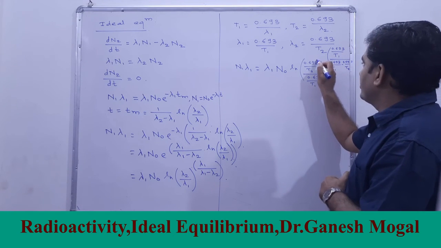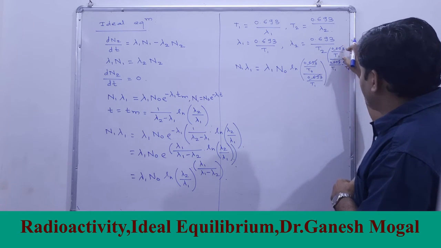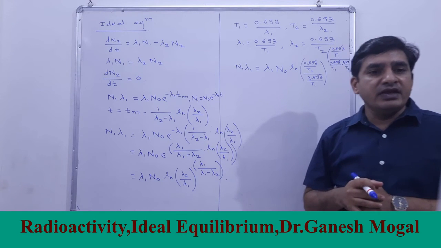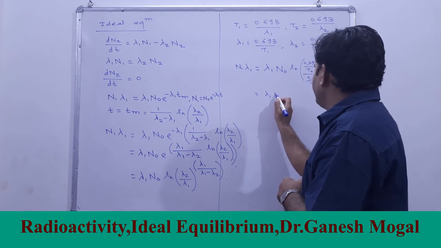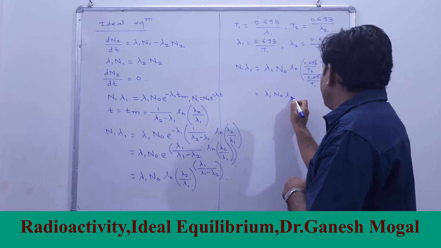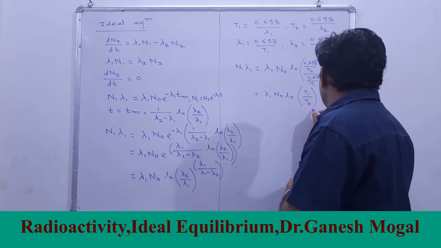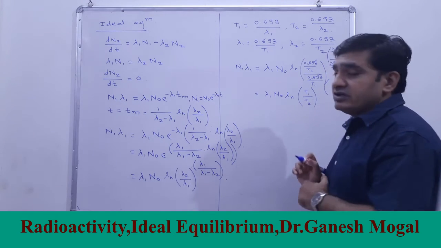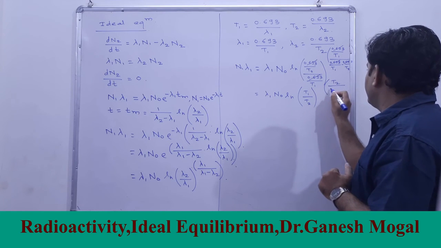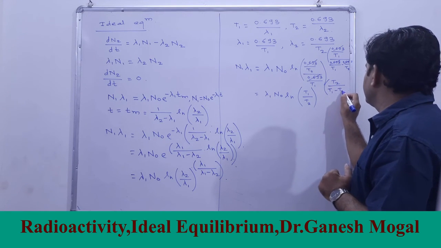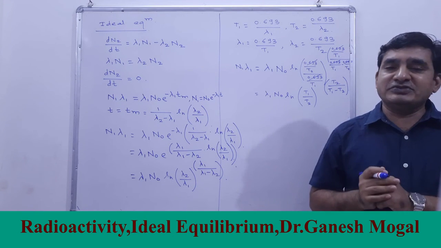The 0.693 terms are common, so we cancel them. Therefore, this equation can be written as lambda 1 N0 times T1 upon T2 raised to the power T2 upon T1 minus T2. We can represent it like this.